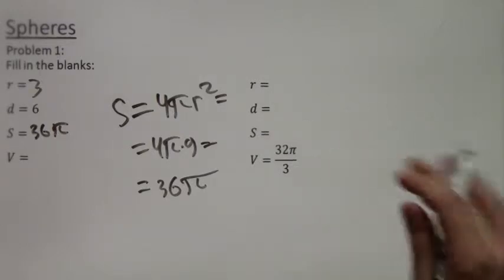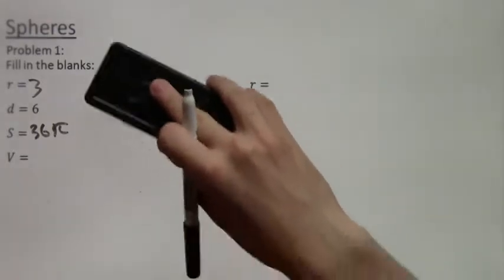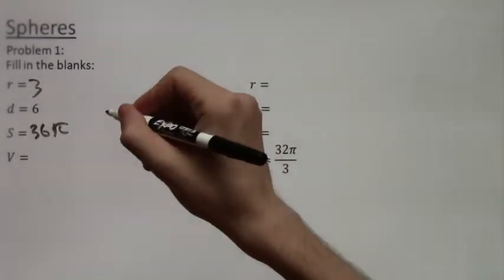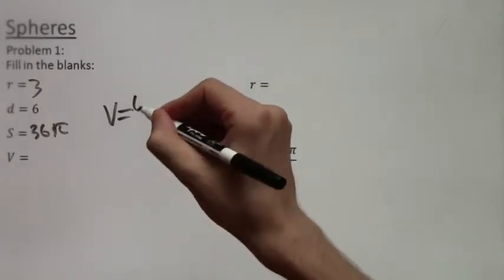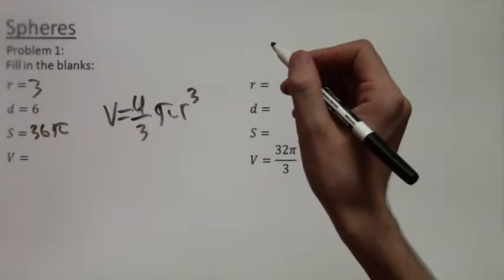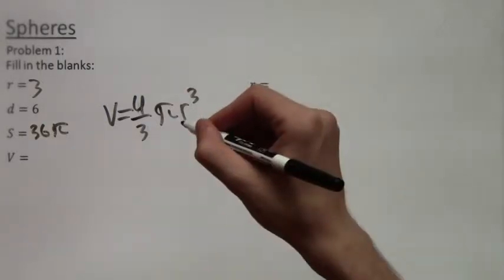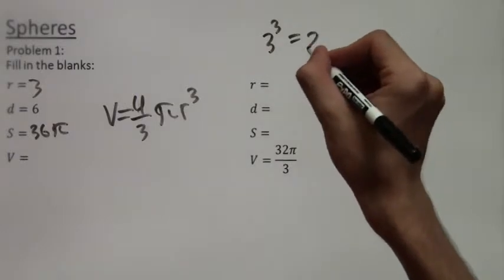And finally, all we got left is the volume. For the volume, we're also just going to plug in r equals 3. So remember, the formula is 4/3 times pi r cubed. And 3 cubed is 27.